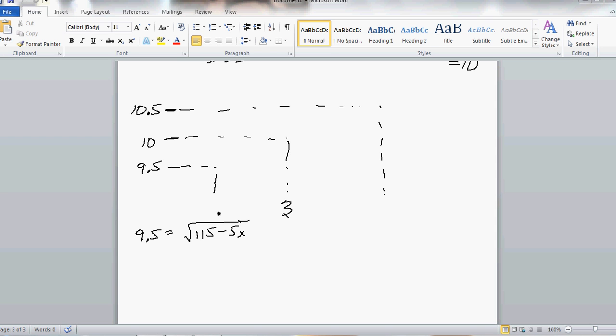Square both sides, and we get 115 minus 5x equals 90.25. Subtract 115. Negative 5x equals negative 24.75. Divide both sides by negative 5, and x equals 4.95.